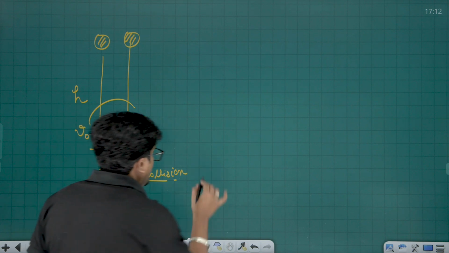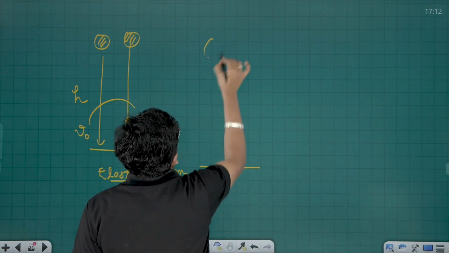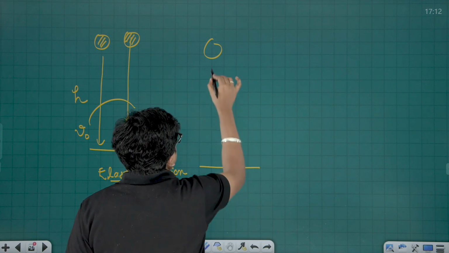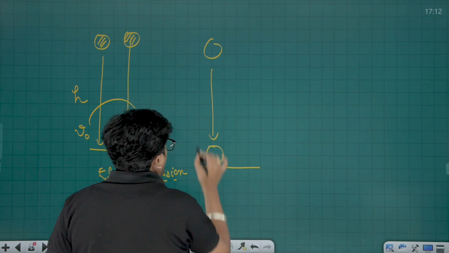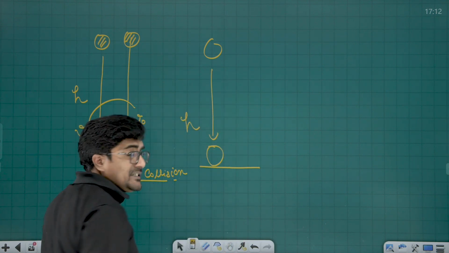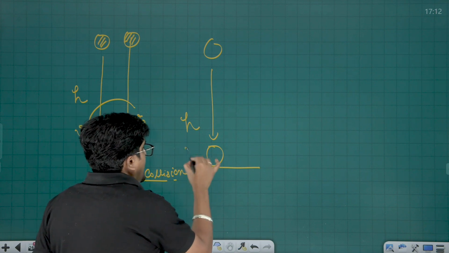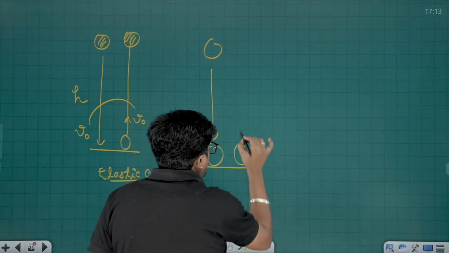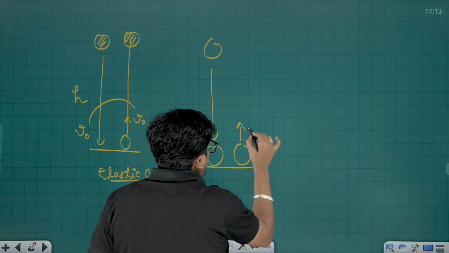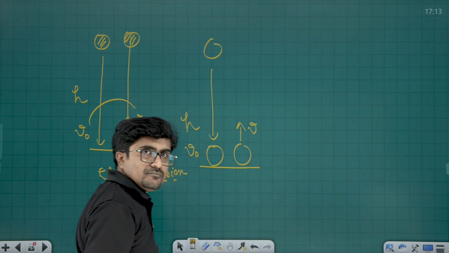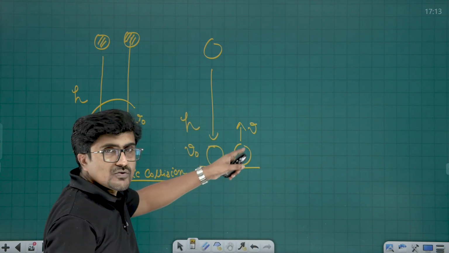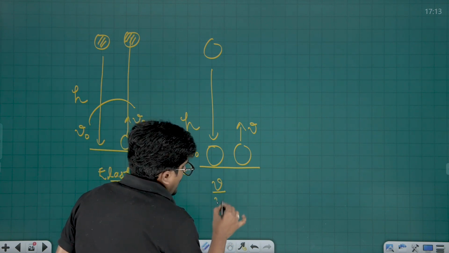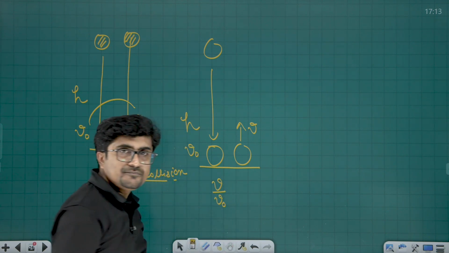And if we are having a case where this is not an elastic collision, the body came from a height h and lands here with a speed of v0, and now is going back with a speed of v. Of course, velocity of separation is v and velocity of approach is v naught.